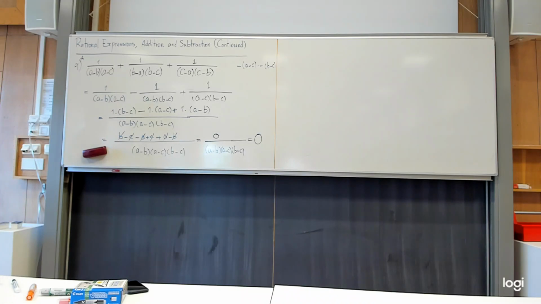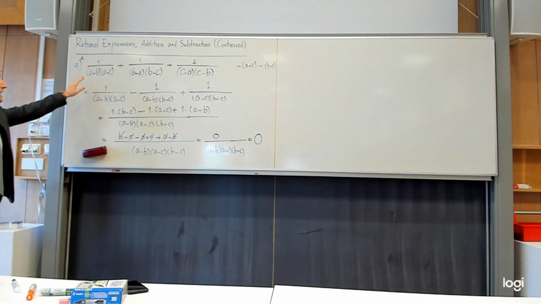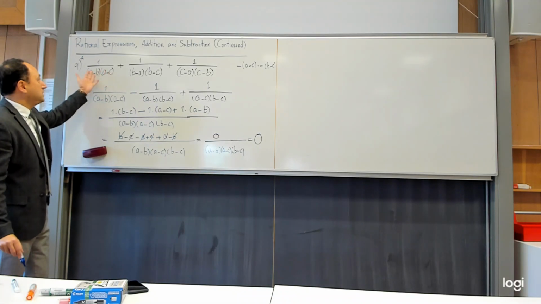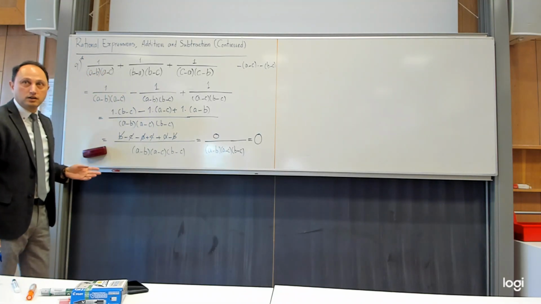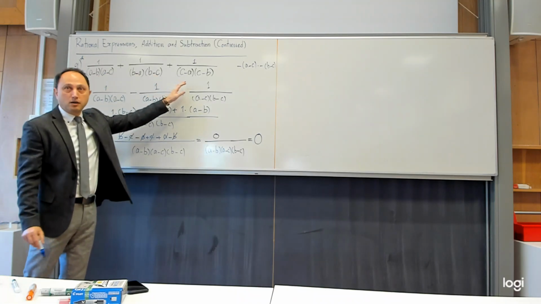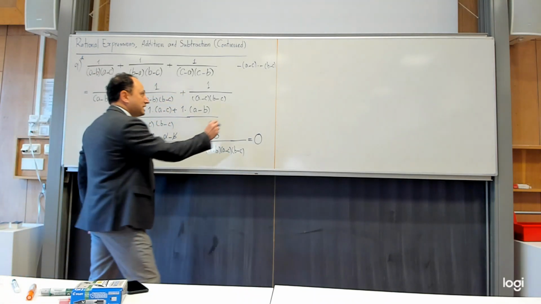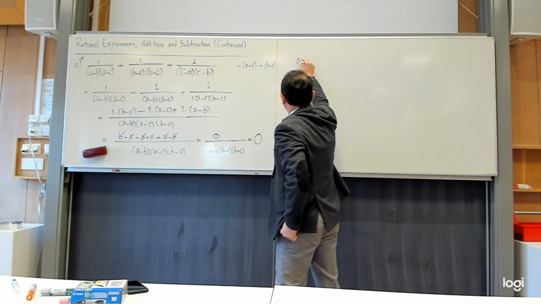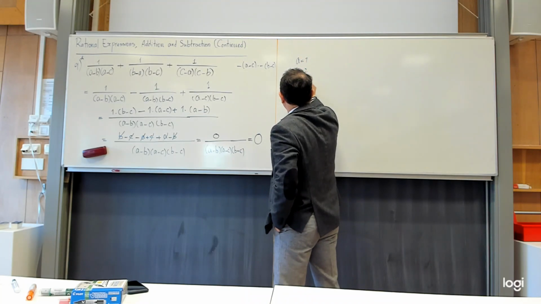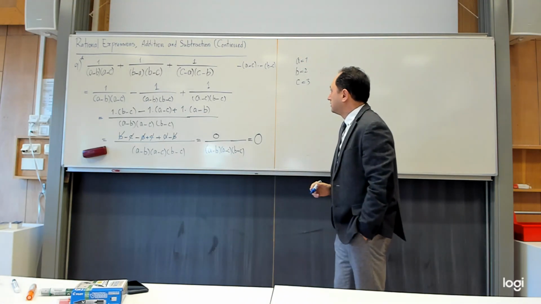It doesn't matter what you choose for a, b, and c. The only thing you have to be careful about is that a shouldn't be equal to b, a shouldn't be equal to c, and b shouldn't be equal to c, because otherwise you will have problems in the denominators. If you, for example, calculate this expression for a equals 1, b equals 2, c equals 3, what's the answer? 0.